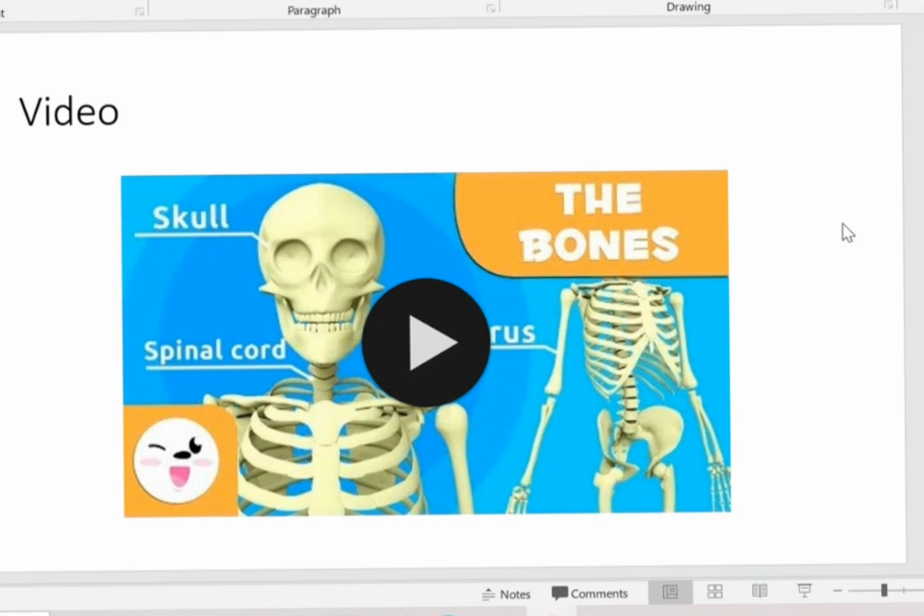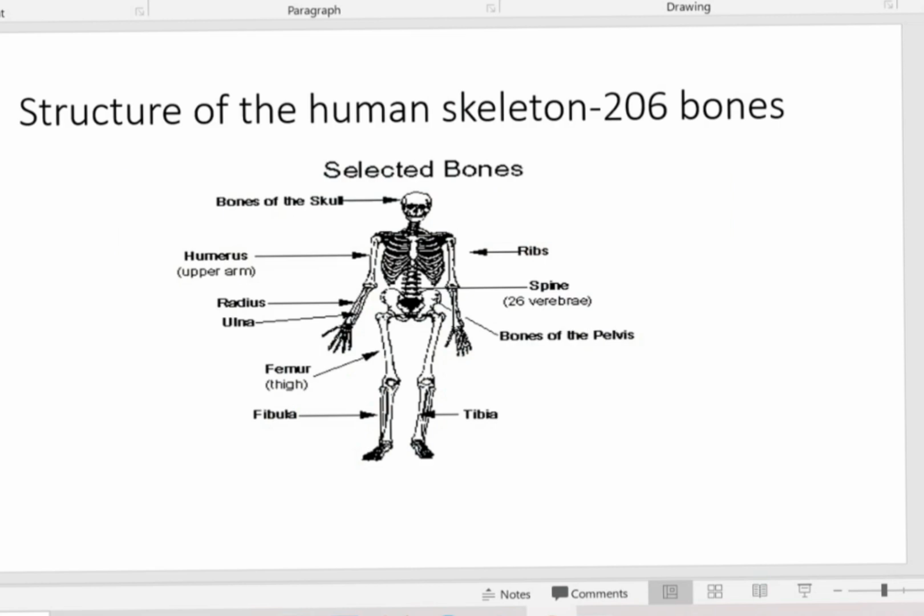The first class, the introduction part, was discussed. We'll continue with the human skeletal system in the second part. In part 2, we are discussing only the structure of the human skeleton.